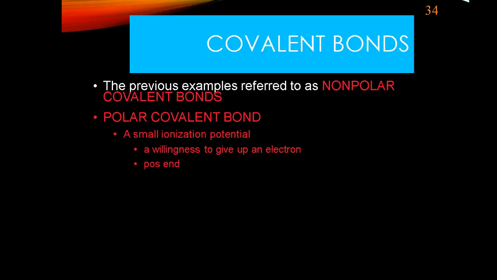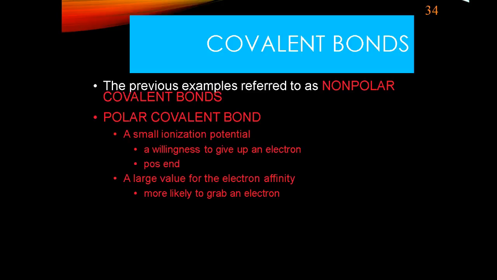Next, you have an atom with a large value for electron affinity. This end of the molecule is more likely to have a stronger pull on the electron.